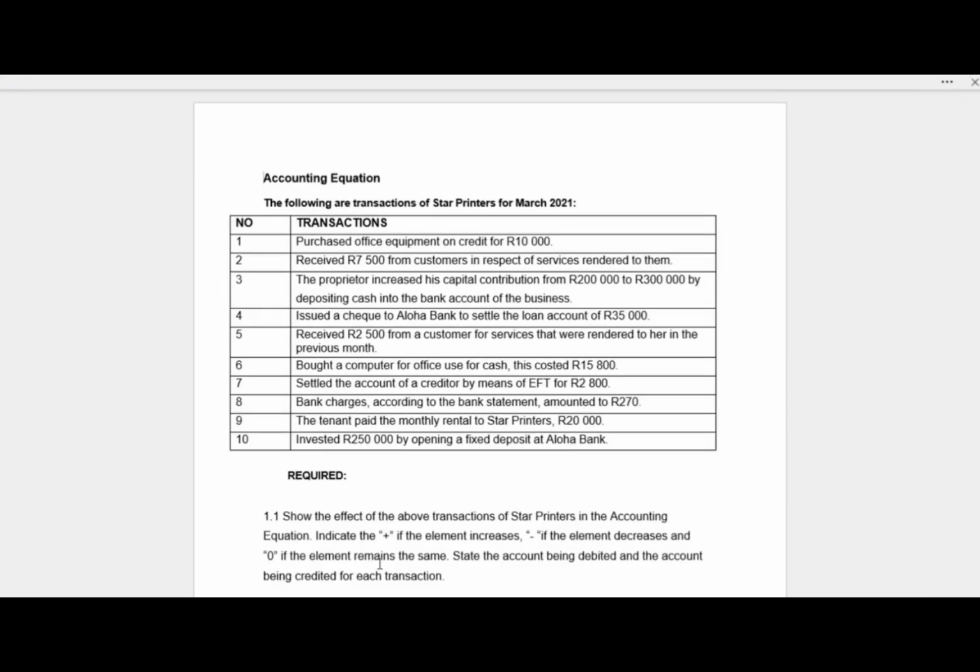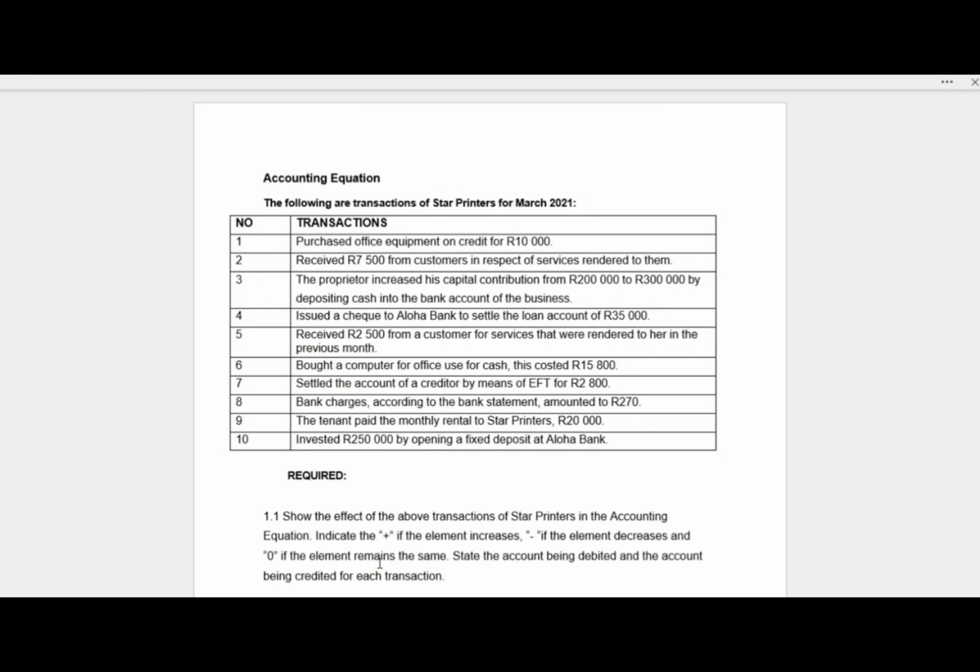All right, so let's go to transaction number 5. Transaction number 5, it says you have received 2,500 from a customer for services that were rendered to her in the previous month.